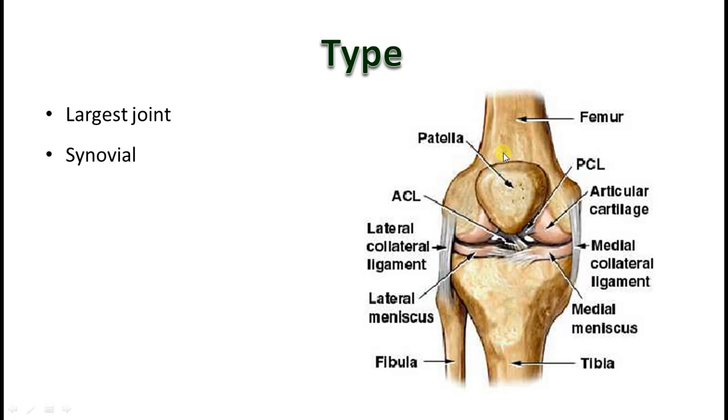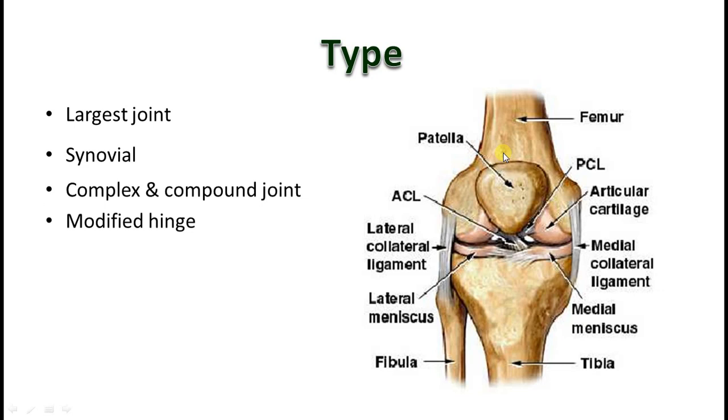So, it has patellofemoral and tibiofemoral articulations. That is why it is the largest joint, and all these articulations are present within a single joint cavity. Complex is because more than two bones are involved. Apart from the femur and the tibia, the patella is also involved.